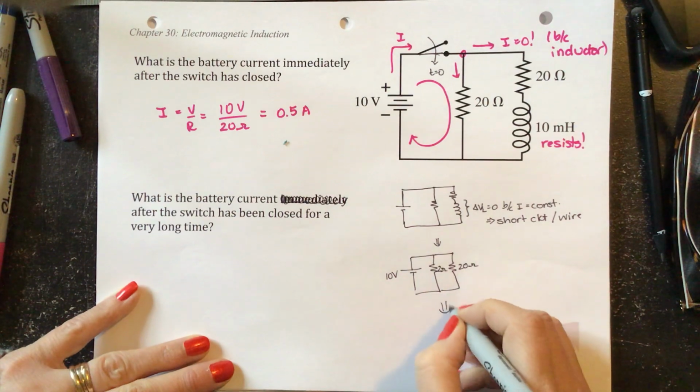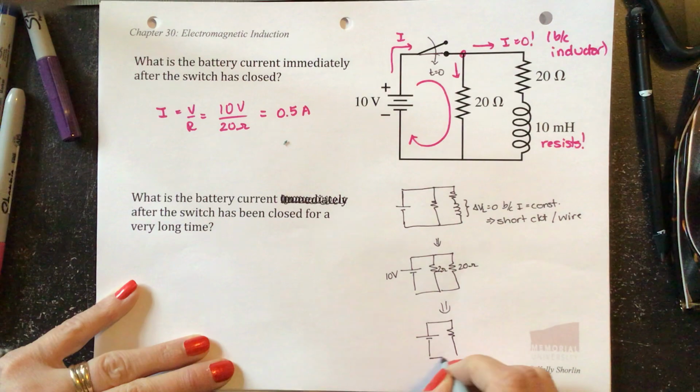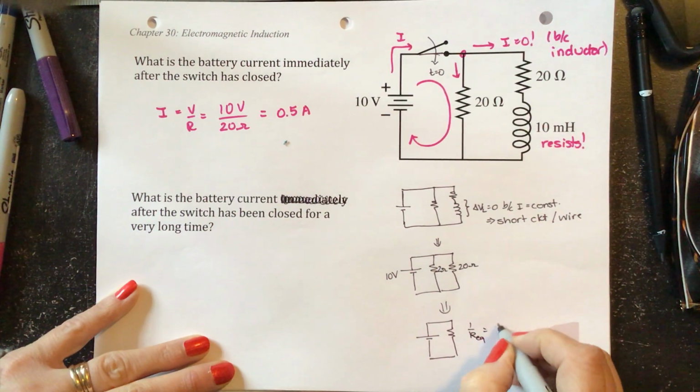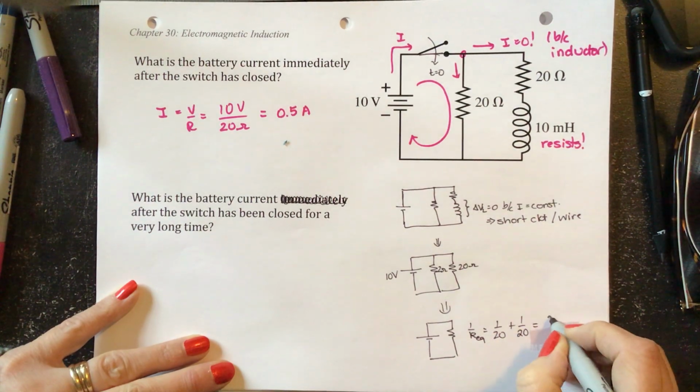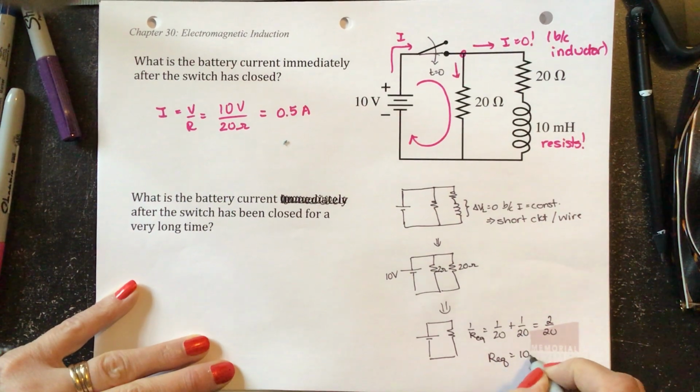This is two resistors in parallel. So after a long time, 1 over R equivalent equals 1 over 20 plus 1 over 20 equals 2 over 20. So the R equivalent equals 10 ohms.